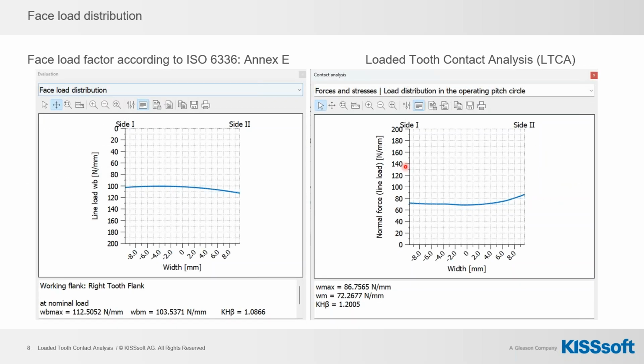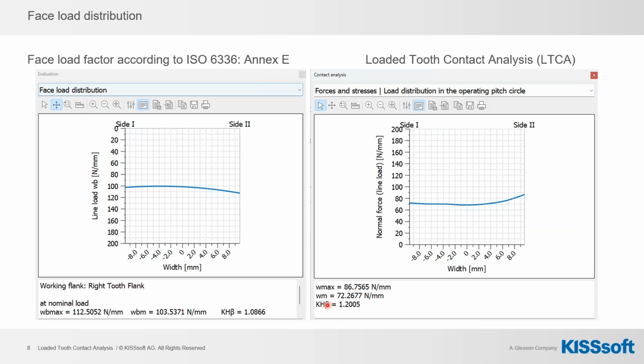So here is an example. If we talk about the face load distribution, normally we show it as a line load, meaning the load divided by length over the face width. We can see these are results coming from Annex E. We have here a face load factor of about 1.08, whereas the contact analysis gives us slightly lower line loads, but also a slightly higher face load factor.